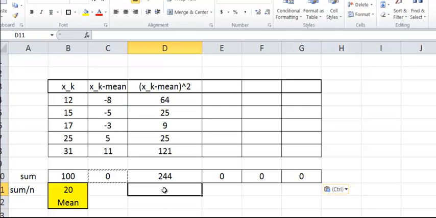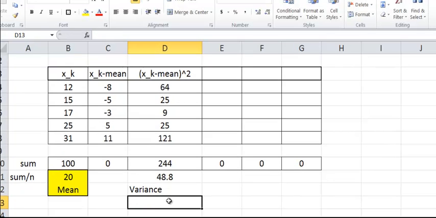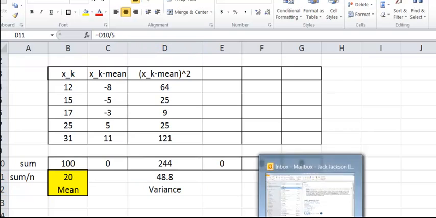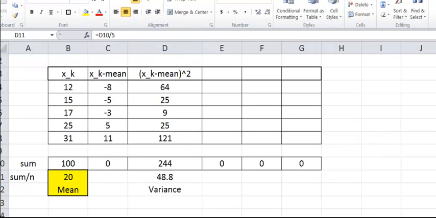Okay, and then we want to divide that by n, which is 5 in this case, and that should be the variance. That's a population. I'm assuming this is a population. So that's the population variance.